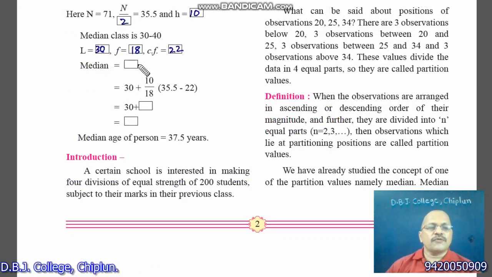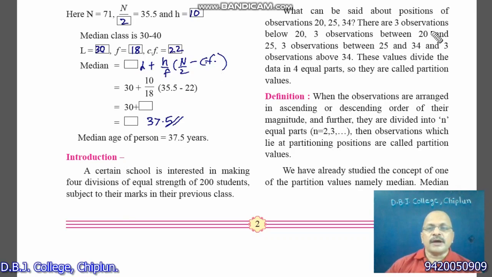Write the formula for median: L plus H by F into n by 2 minus CF. After calculating, this becomes 37.5. So the median age of the persons is 37.5.